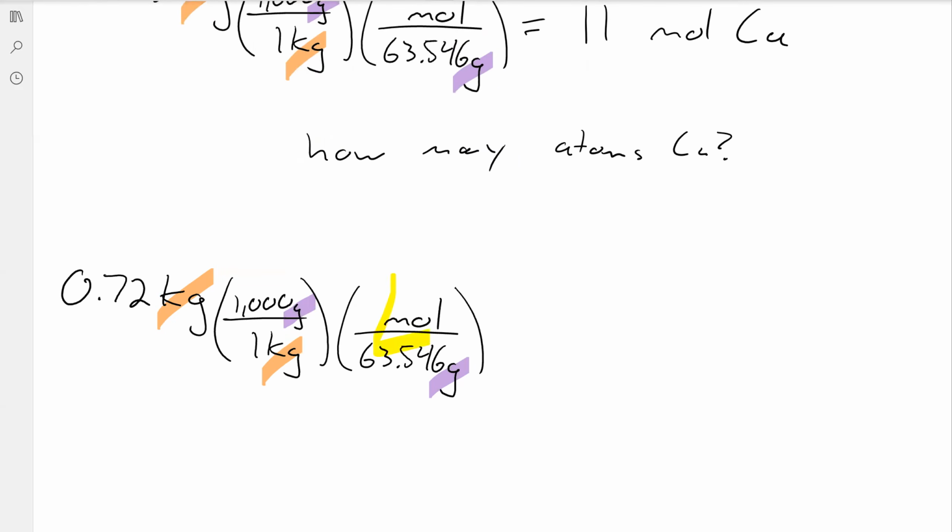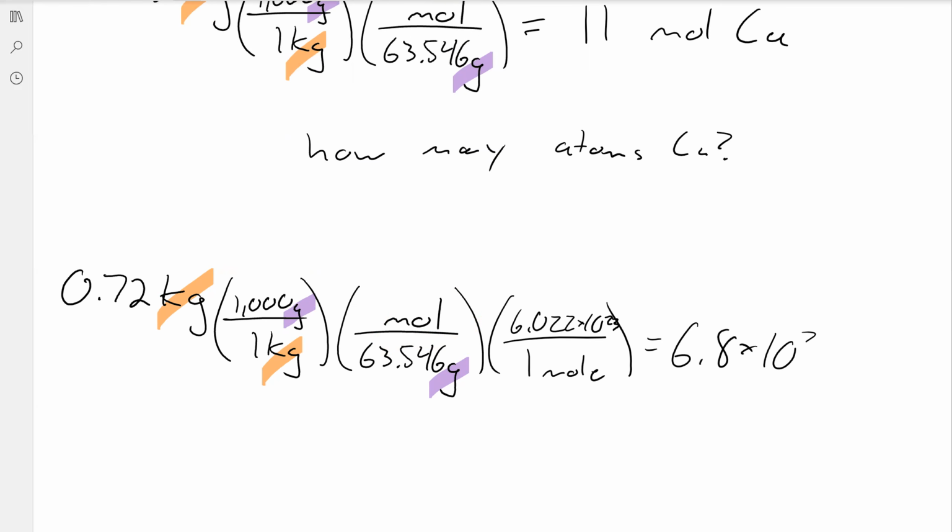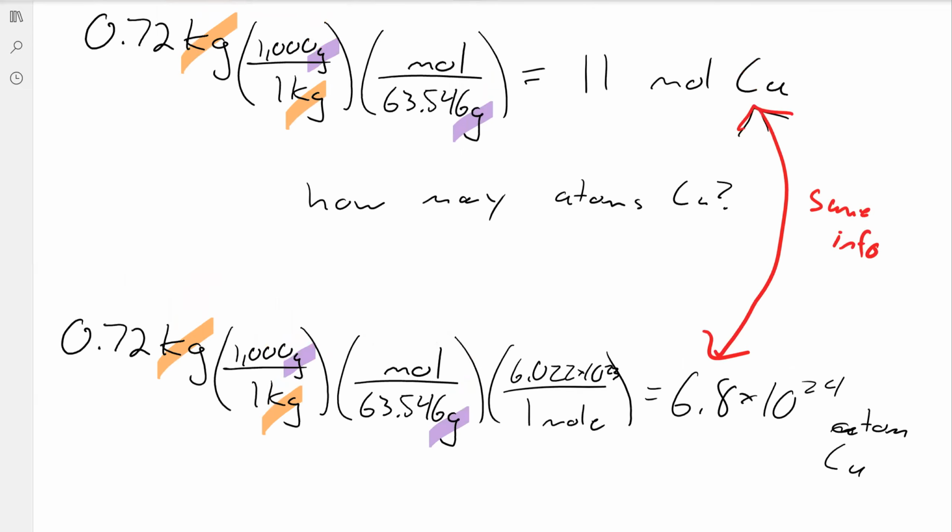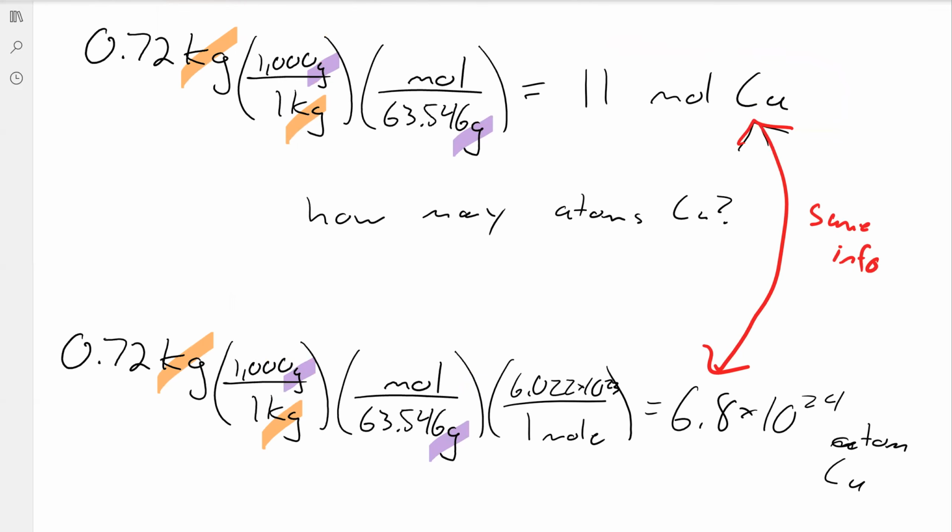Right, now that the unit that we're at is moles, we can just keep going and say, hey, 1 mole is equal to 6.022 times 10 to the 23rd. And then you get an answer of 6.8 times 10 to the 24th atoms of copper. Note that these two values, 11 moles and the 6.8 times 10 to the 24th, have the same info. The moles is just easier to use, it's easier to say, and so that's what we stick with.